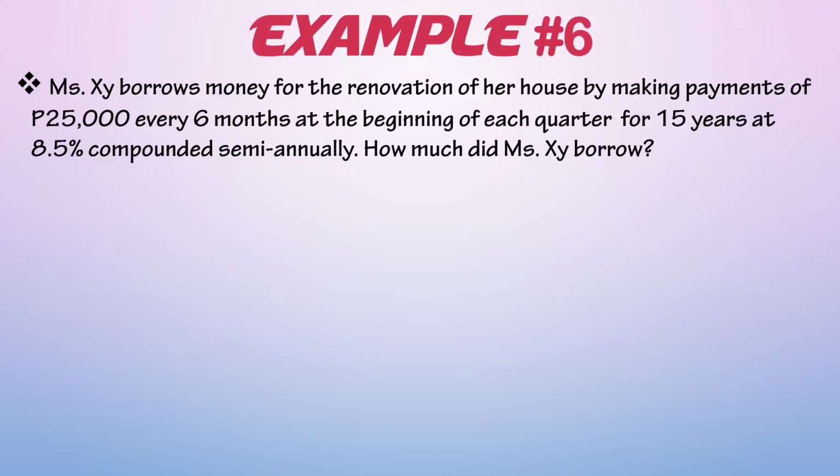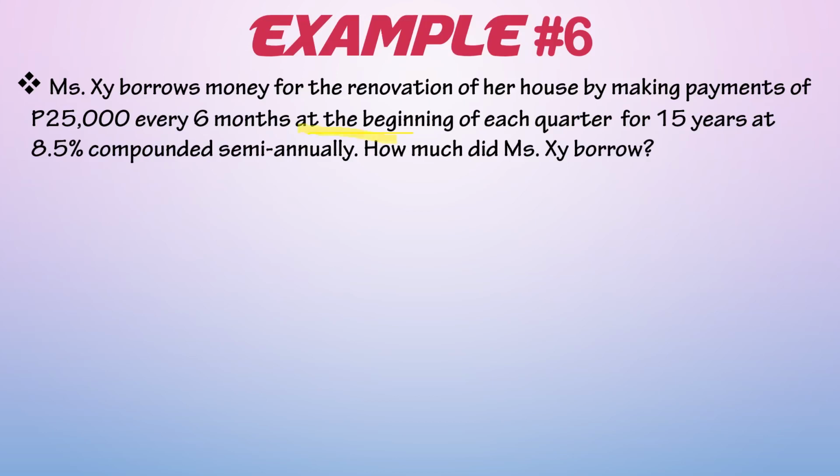Okay, let's have an example. Miss Sai borrows money for the renovation of her house by making payments of 25,000 every 6 months, at the beginning of each period, for 15 years at 8.5% compounded semi-annually. How much did Miss Sai borrow?